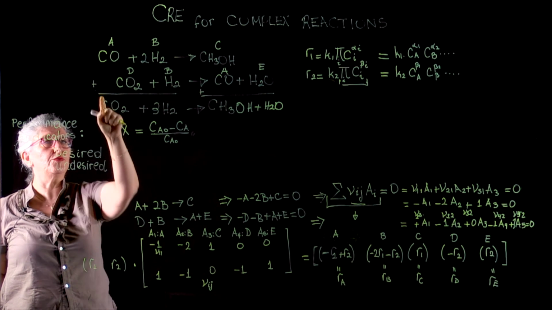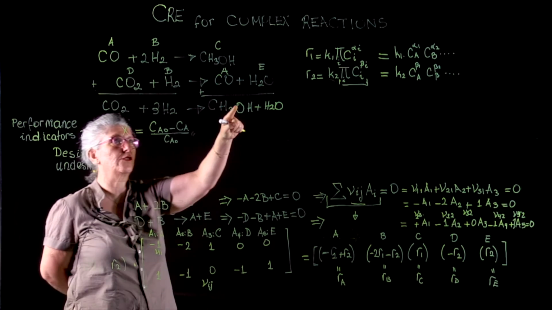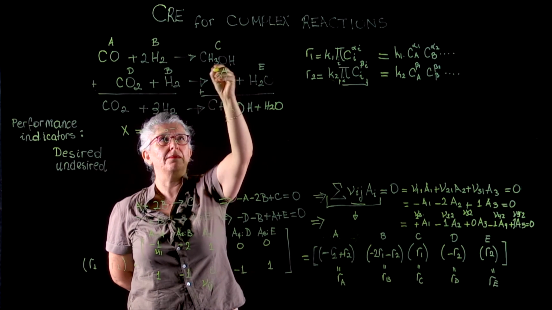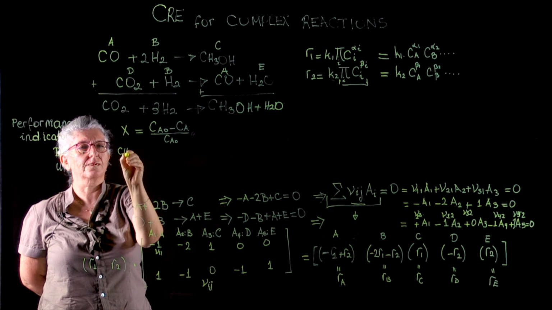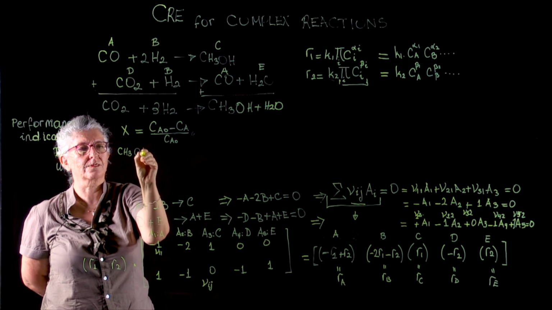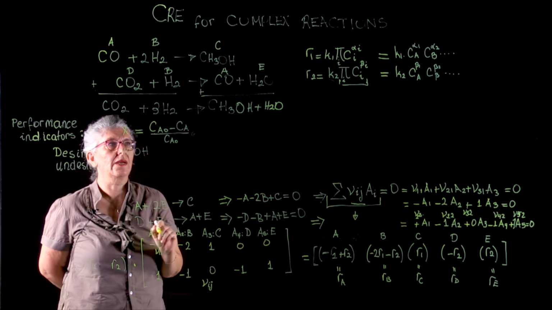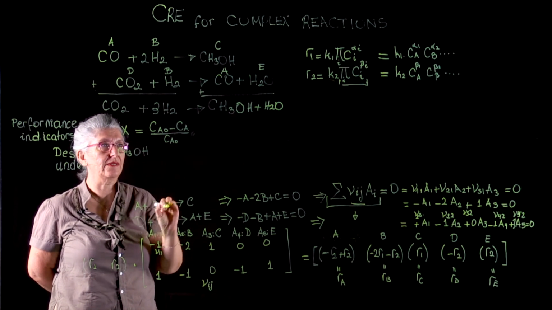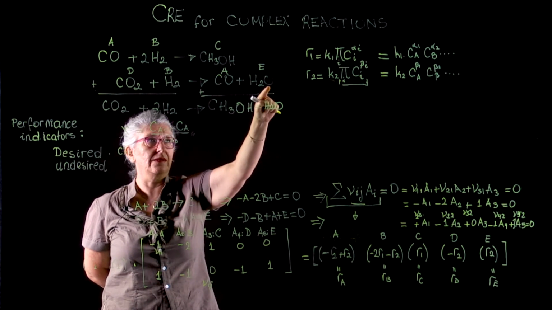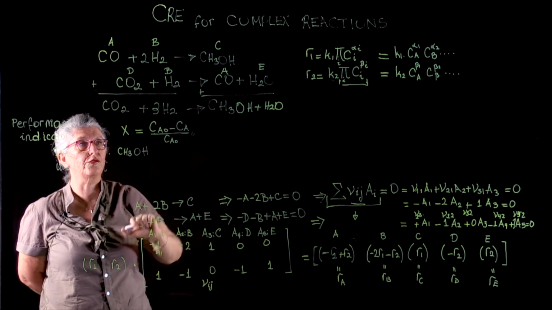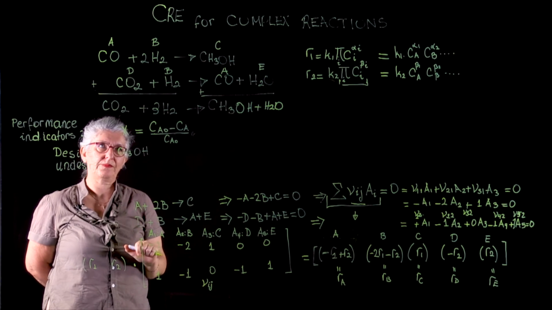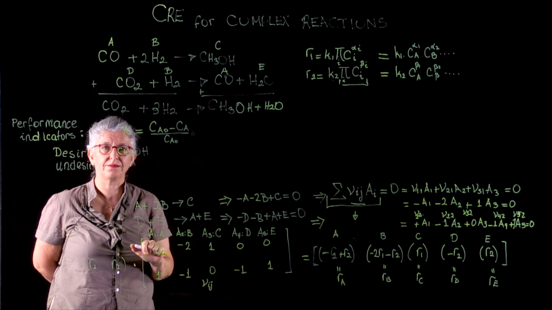The desired product in this reaction network is methanol. And the undesired product is water. It is consuming our useful reactant, which is hydrogen.